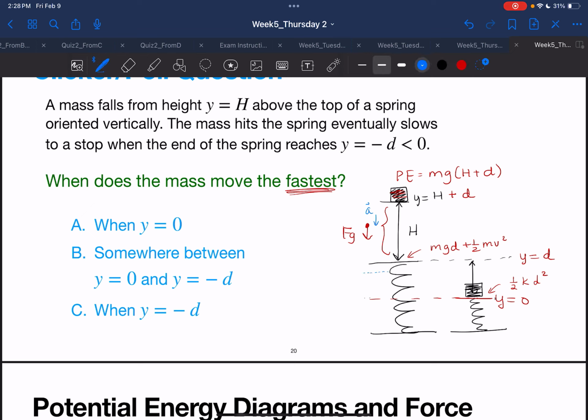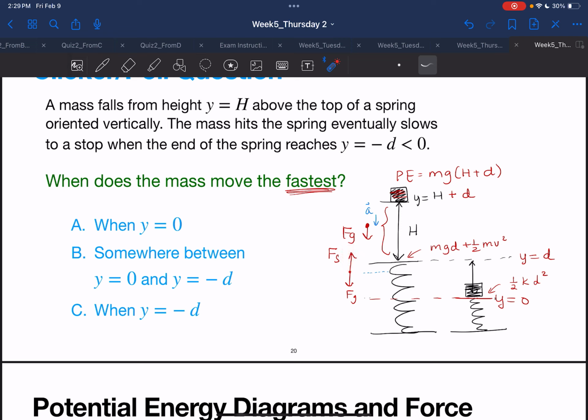Then we have the force of gravity still acting downward, but we also have the spring force acting upward on it.